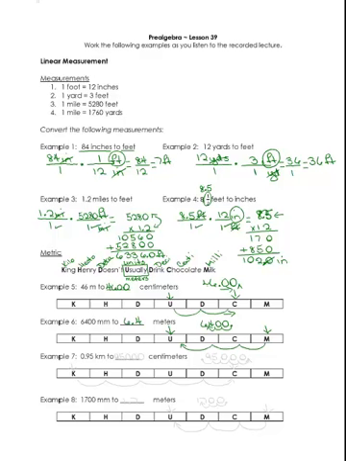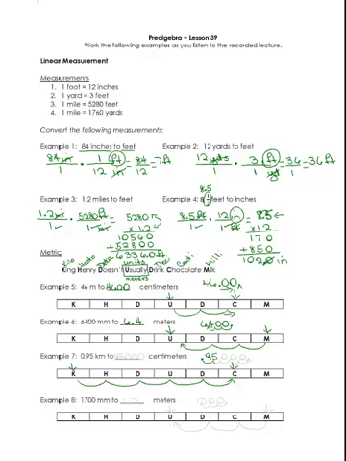Let's try kilometers to centimeters. When I start with kilometers, I'm starting way up here in the largest units, and centimeters takes me down here to almost the smallest. How many spaces do I move my decimal? Well, from kilometers, I go 1, 2, 3, 4, 5. 5 spaces, and the direction is right. I start with 0.95.